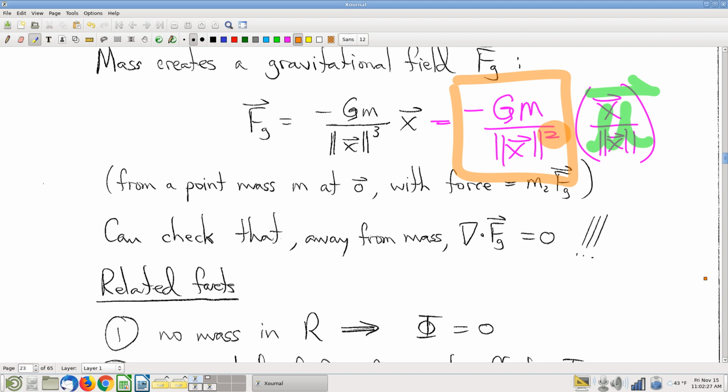Okay, so y'all have done, as part of one of the homework exercises, a calculation where you've computed the divergence of, morally, this vector field. The vector field that you did didn't have these constants in there, but whatever, they're just constants. And you've computed that divergence.